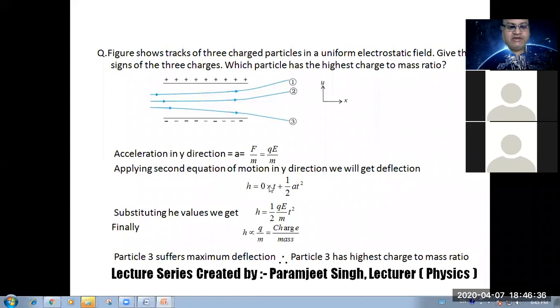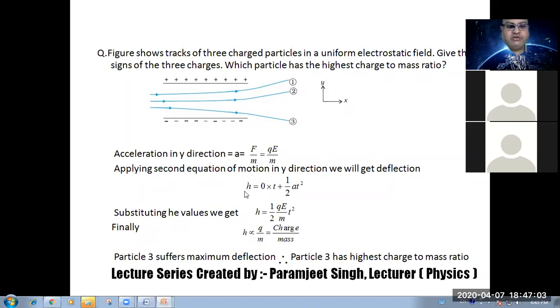Now apply the second equation of motion in the y direction. What is the second equation of motion? S is equal to ut plus half at square. S means the height or shift of the particle along the y direction, that is h. Suppose there is h shift in the particle, either downward or upward.